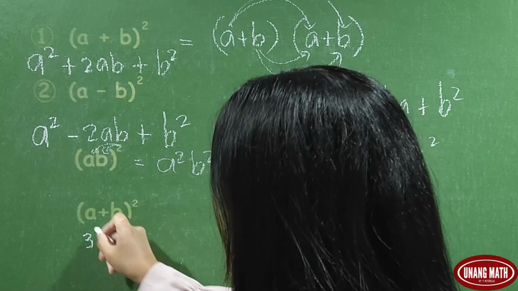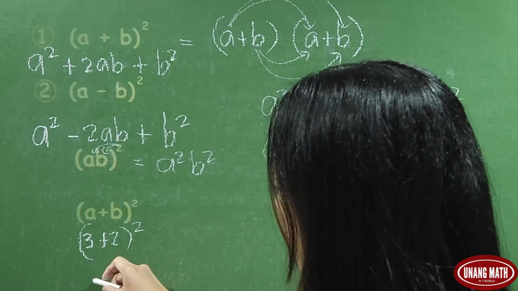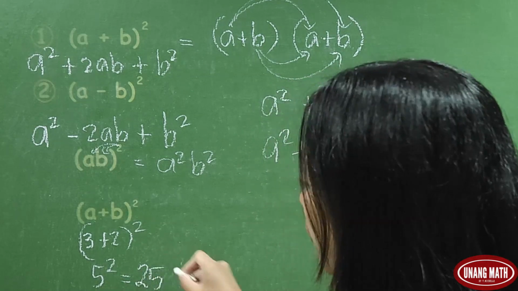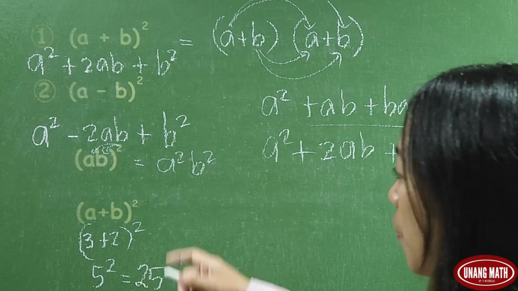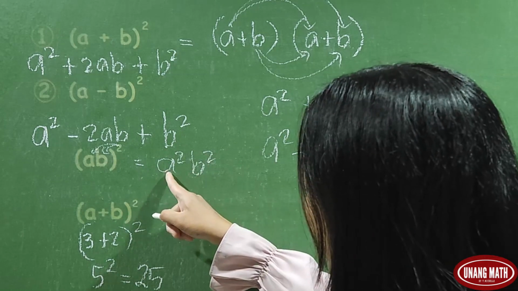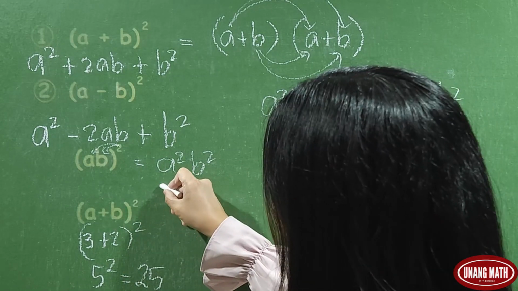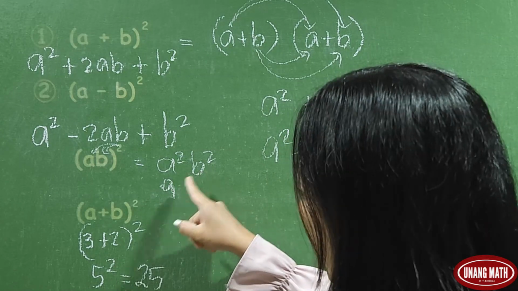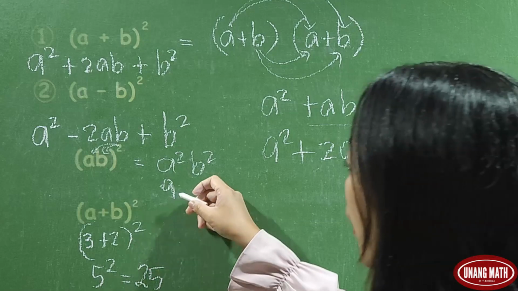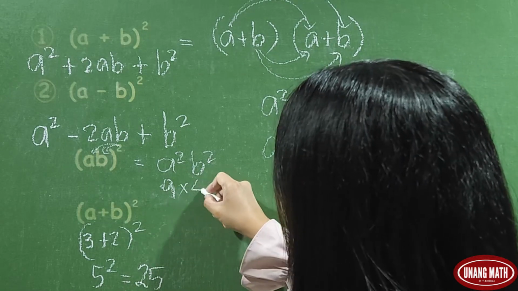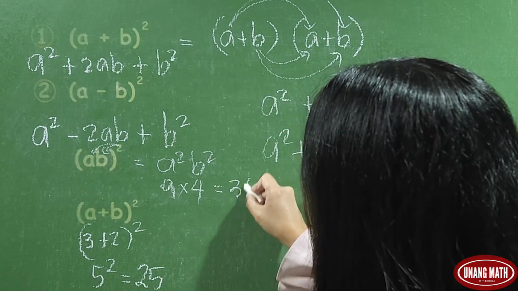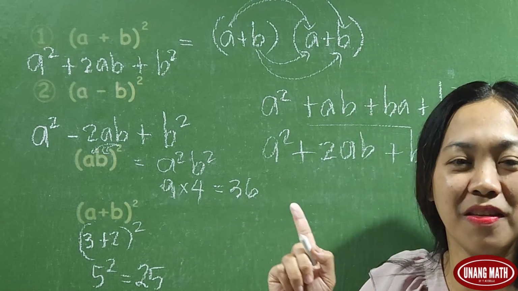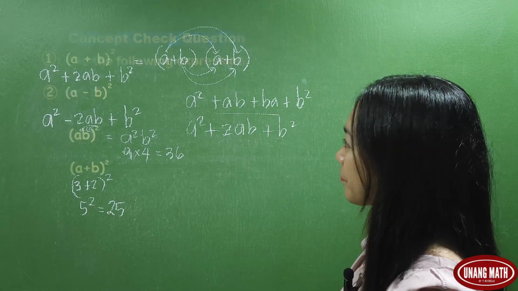So (3 + 2) raised to the power of 2. So this is 5 raised to the power of 2, which is equal to 25. What about for a squared b squared? If a is 3, then this is 9 because 3 squared is 9. And if b is 2, then 2 squared is 4. So this is 9 times 4 and this is equal to 36. So these are not the same or these are not equal.